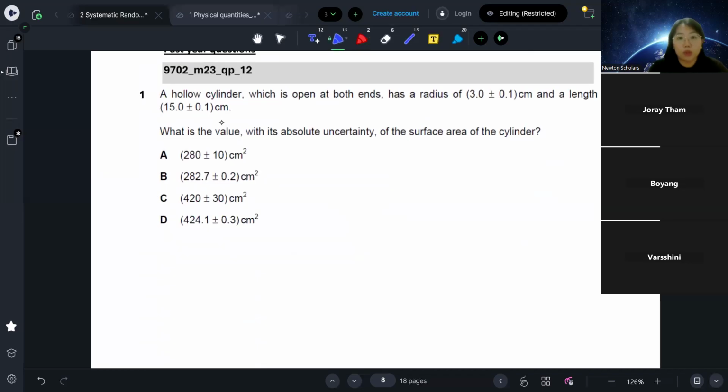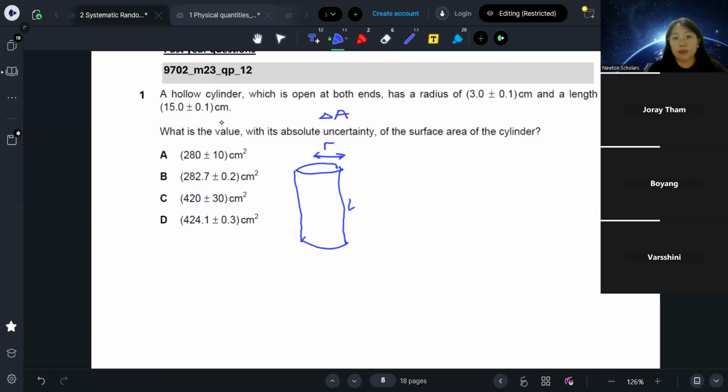Cylinder. Okay, so we draw a cylinder like this. Then the radius, this is the radius, and the length, this is the length, L. So ugly my L. Well, okay, here, this is L. Okay, what is the value with its absolute uncertainty? That means they want this area.